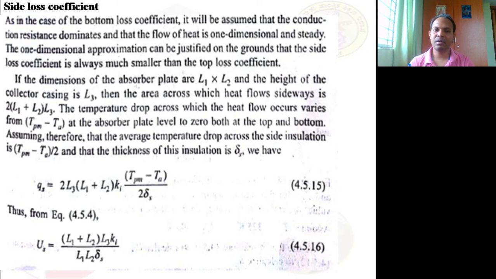If the dimensions of the absorber plate are L1 and L2 and the height of the collector casing is L3, then the area across which heat flows sideways is given by 2 into (L1 plus L2) into L3.